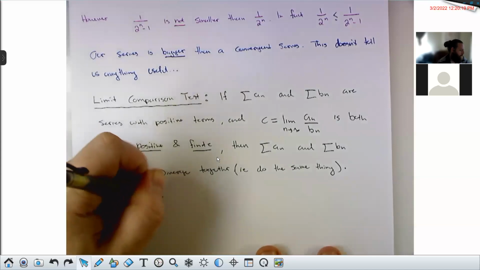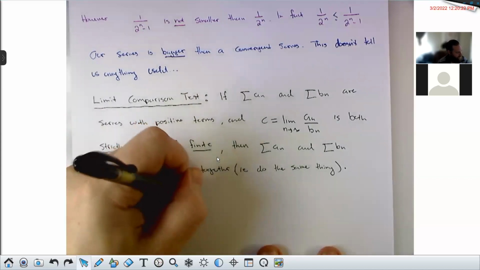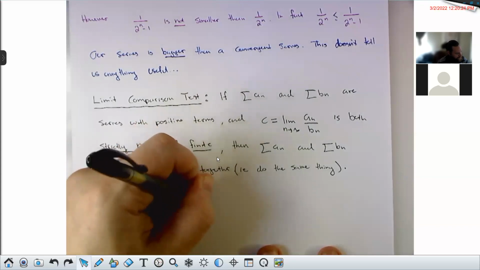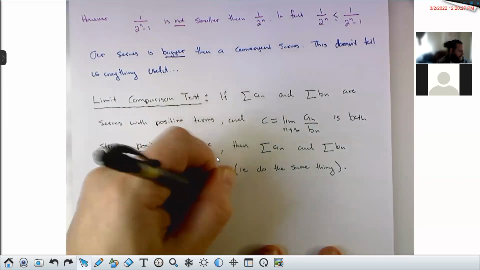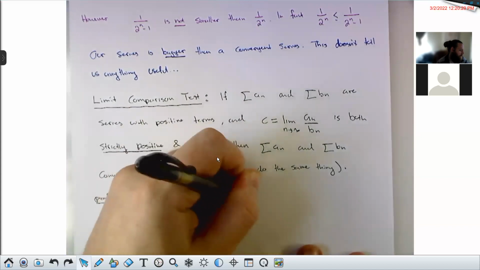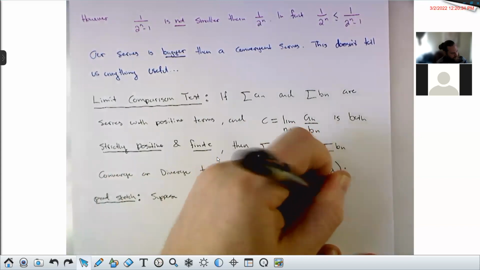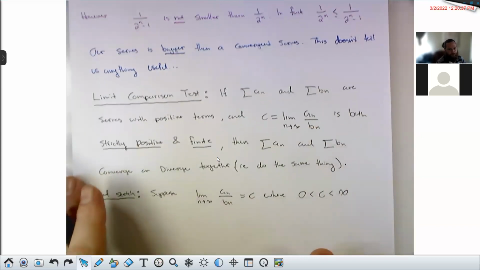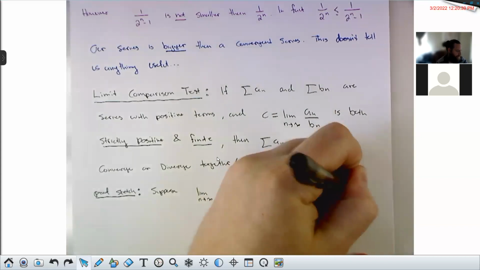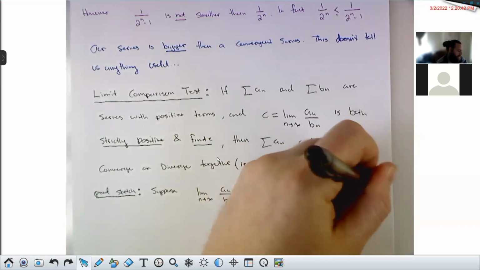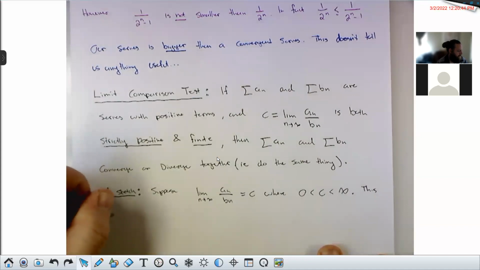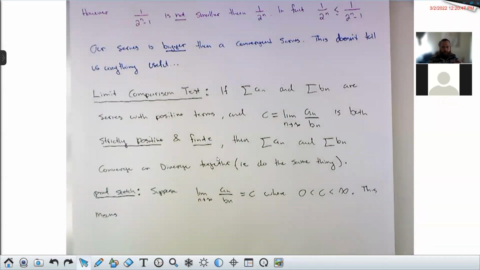So let's suppose the limit as n goes to infinity of an over bn is equal to c, where 0 is less than c is less than infinity, right? c is positive and finite. This means, what does it mean to say that the limit of something is equal to c? Well, it means that as n gets bigger and bigger, that thing gets closer and closer to c.